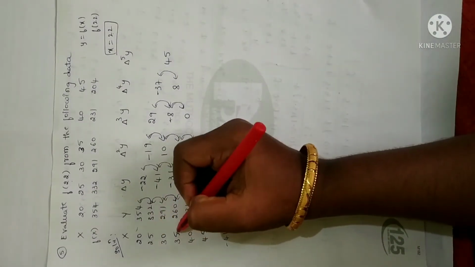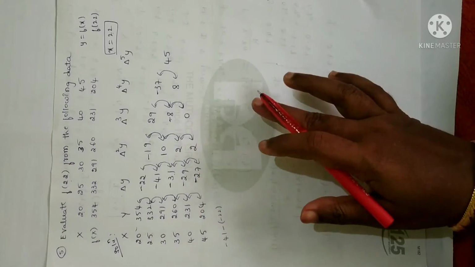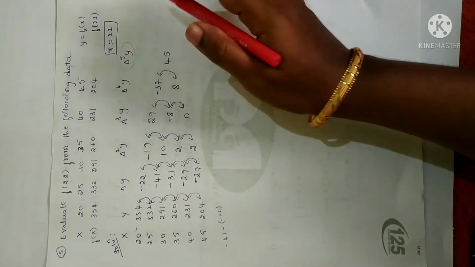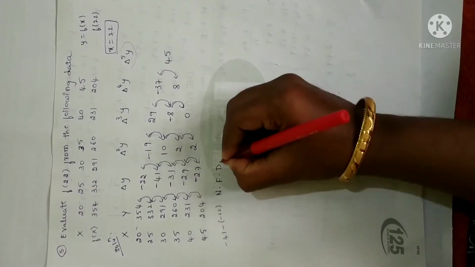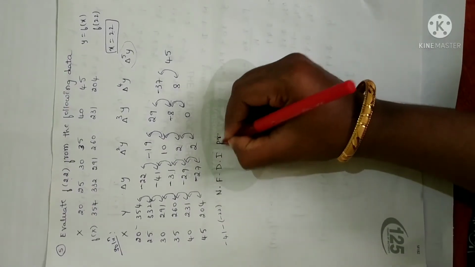Now how many terms we have? 1, 2, 3, 4, 5, 6. Either we have to use 6 terms or we can use up to del power 5 of y. One and the same. Now let me write the formula.